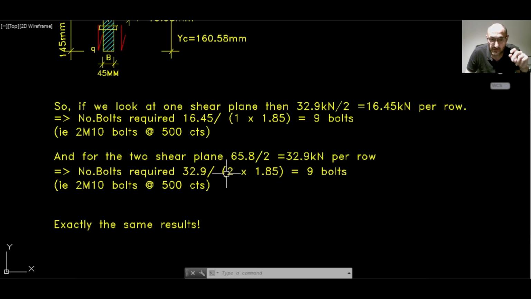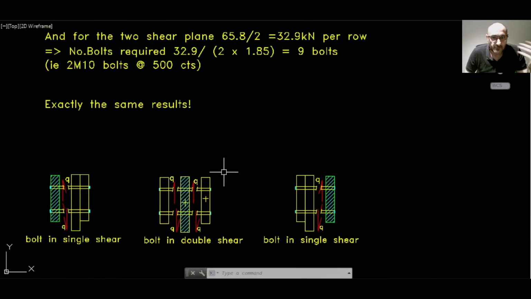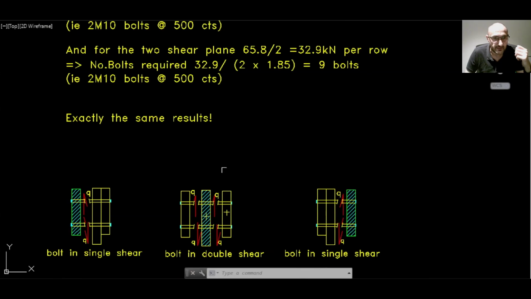Each bolt will experience double shear, okay? And guess what? It gave us the same answer of 9 bolts. Therefore, it's equivalent to 2 M10 bolts at 500 centers. So, to summarize, in this situation, it's probably a lot easier to take element AA away from the rest of the section, or element CC away from the rest of the section. It's a lot easier to work out this way.